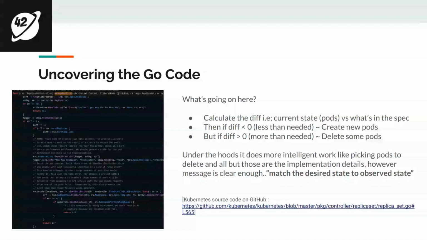Whatever is the persisted state in the persistent store of your Kubernetes cluster, which is etcd, that is being taken as the source of truth, because that is what the declared state is. And all it is trying to do is to match that declared state, which is the desired state, to what is being observed in real time in the cluster.